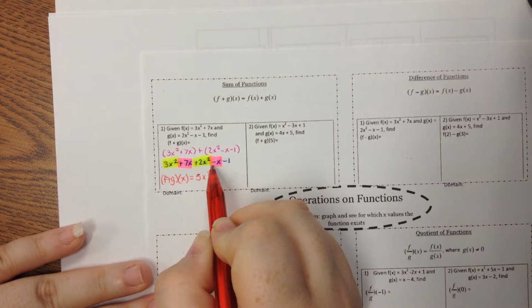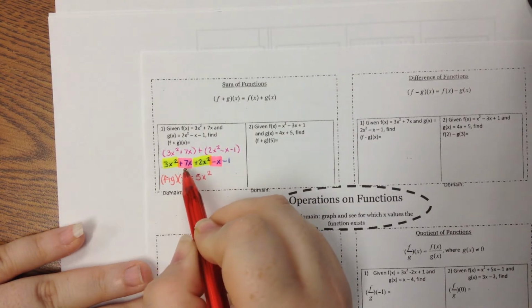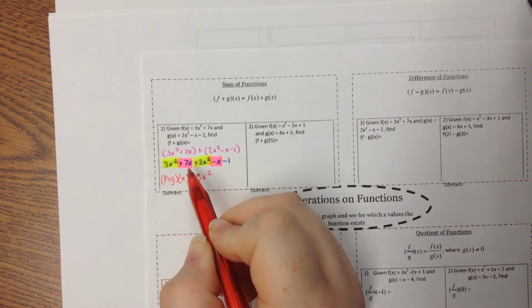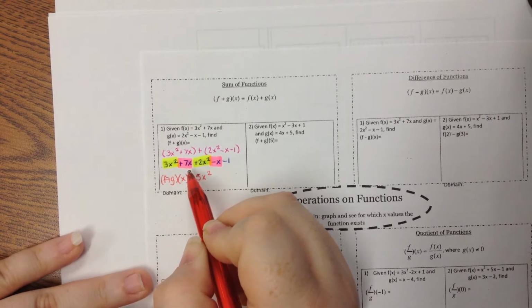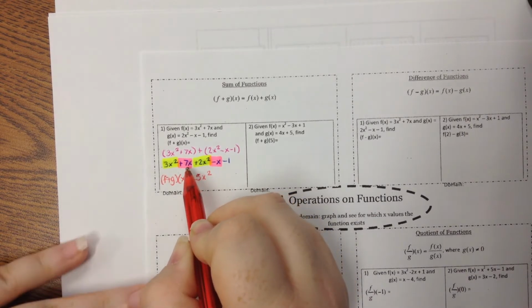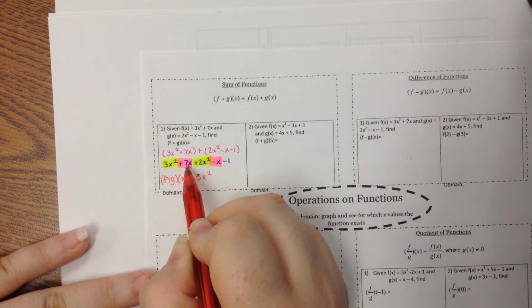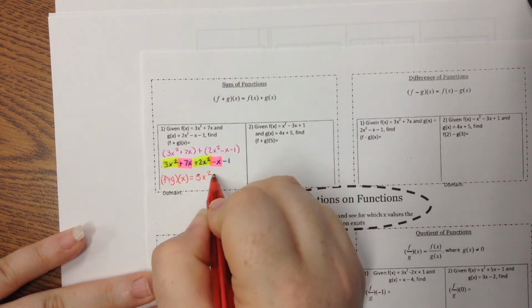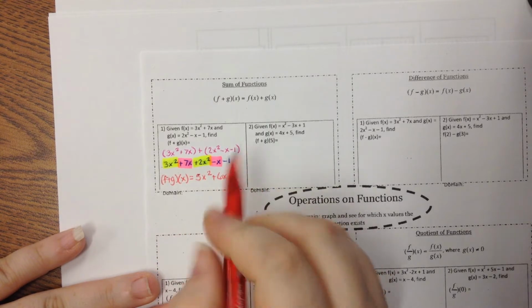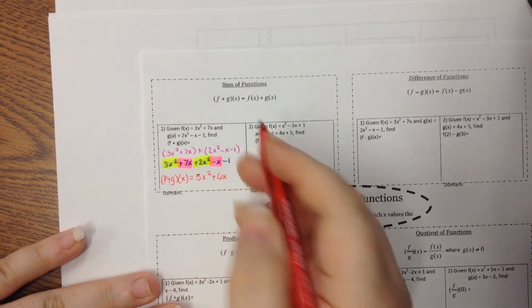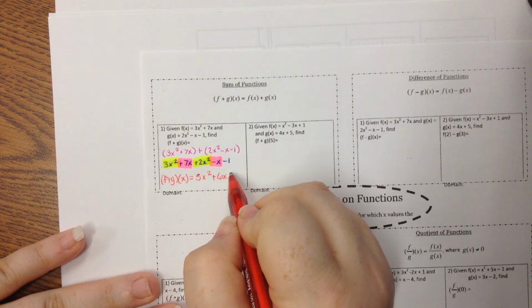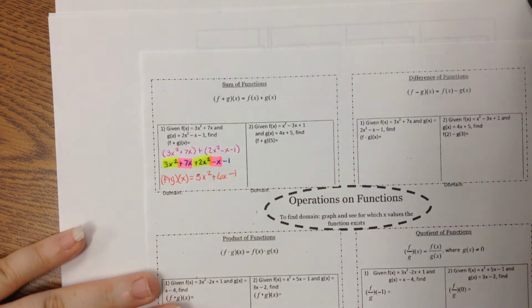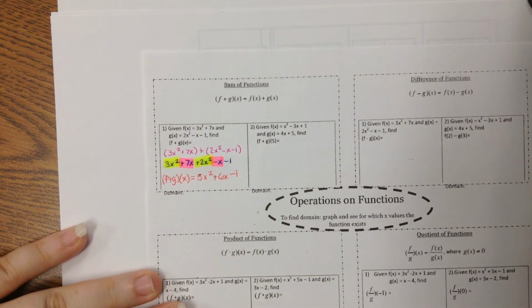I do not add the x to the 7 because I am not adding it to the other side of an equal sign. I'm not doing the inverse operation. I'm combining them as they are. This is a positive 7x and a minus x, which turns into a positive 6x. Then I have the minus 1 at the end, and there's nothing else that will combine with it, so it's just minus 1 at the end. So f plus g of x is equal to 5x squared plus 6x minus 1.